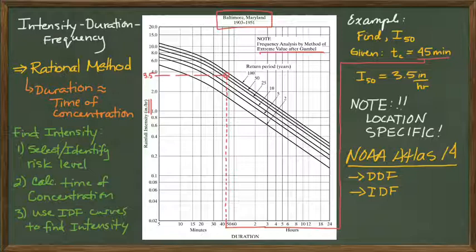It's just that some localities like Southern California specifically do not allow you to use NOAA Atlas 14, but it's kind of funny because they base most of their precipitation data off of their analyses.